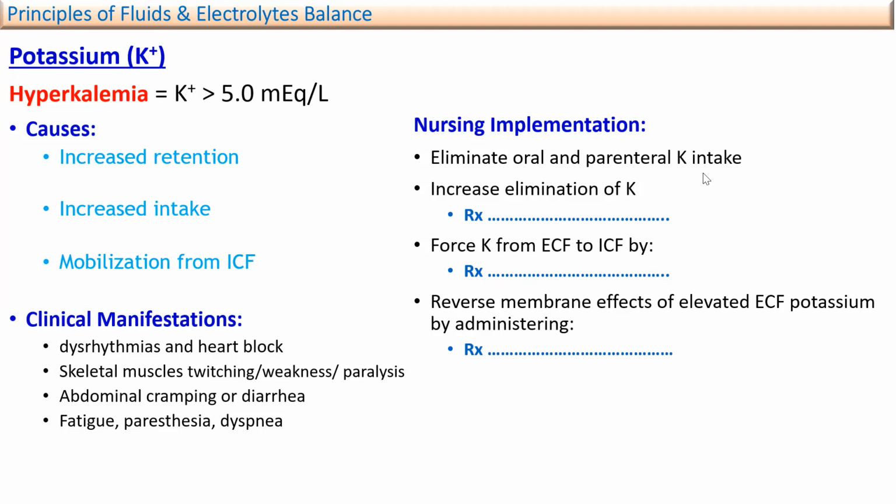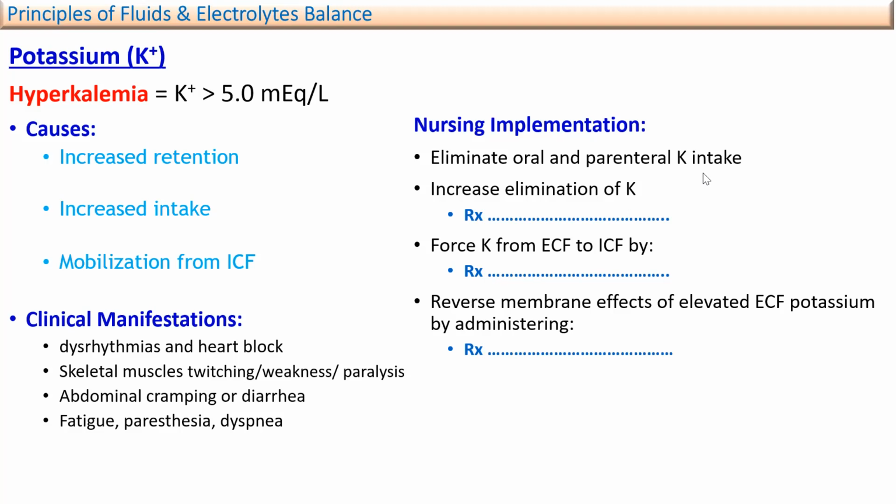The nursing implementation would be to treat hyperkalemia at 3 levels. The first, lower level of hyperkalemia will be treated with diuretics, dialysis, and Kayexalate. Kayexalate is very effective in treating hyperkalemia because it is a resin.